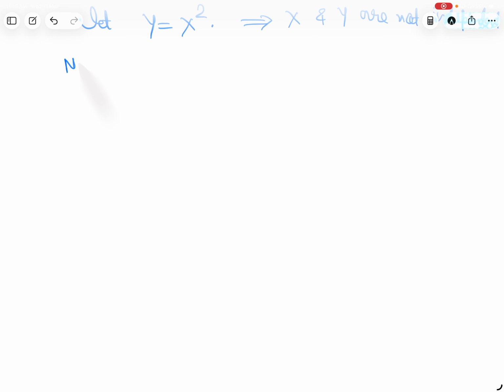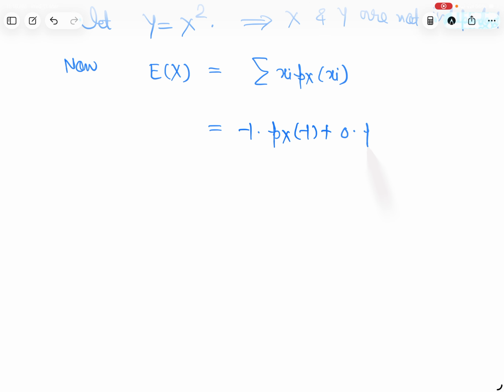Now what is covariance? I am to calculate what is E[X]. What is E[X]? E[X] is the summation of xi P(xi). So minus 1 into P(X = -1), 0 into P(X = 0), plus 1 into P(X = 1).